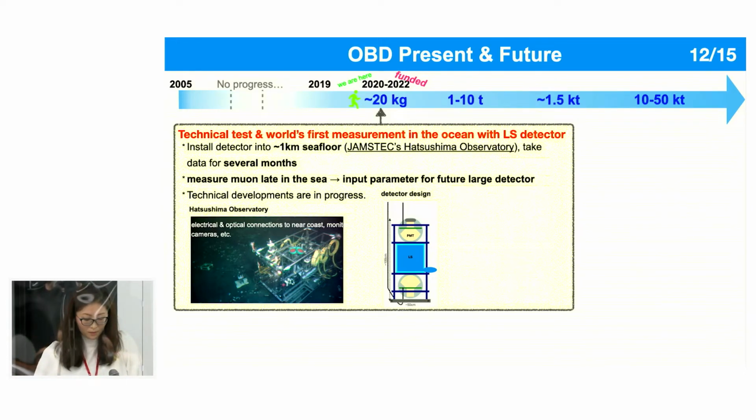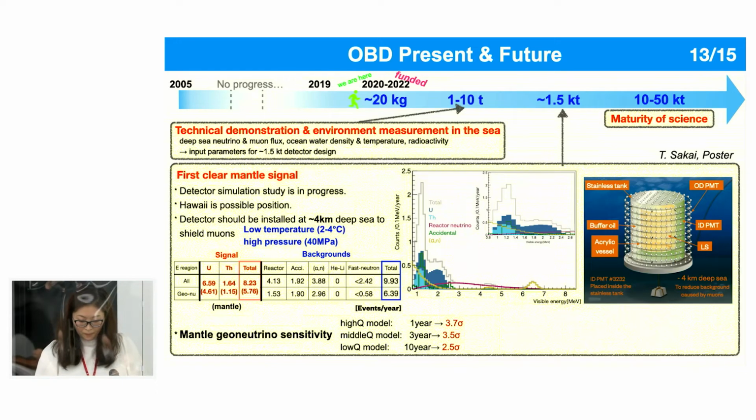And this year or next year, we are planning to deploy this kind of small prototype detector at 1 kilometer depth in the ocean. And then we want to increase the volume to detect the mantle signal.